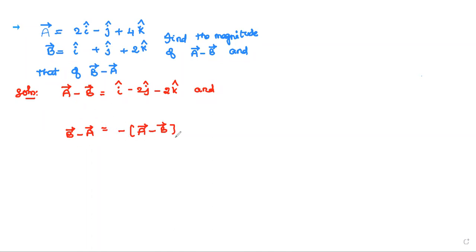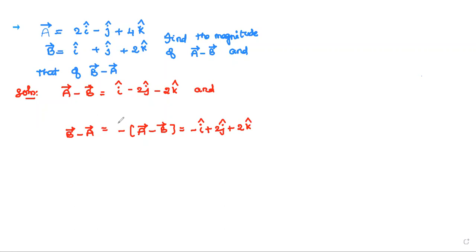Remember this point now? So using this concept, I already found a bar minus b bar, so negative of this means minus i cap. Negative of negative, I will get plus 2j cap. And negative of negative, I will get plus 2k cap here.